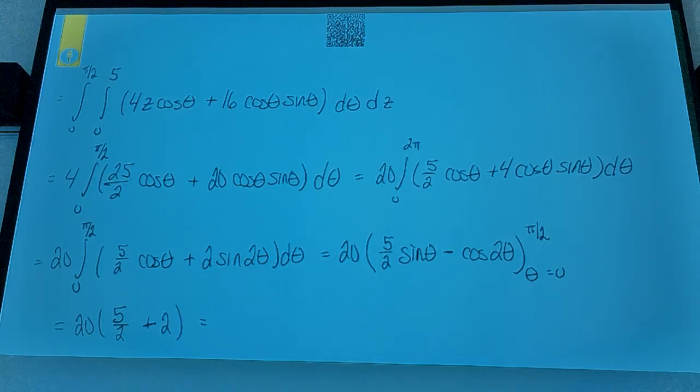Yes. The double angle identity on sine. Sine of 2 theta is twice cosine theta sine theta. Which means cosine theta times sine theta would be half sine of 2 theta.